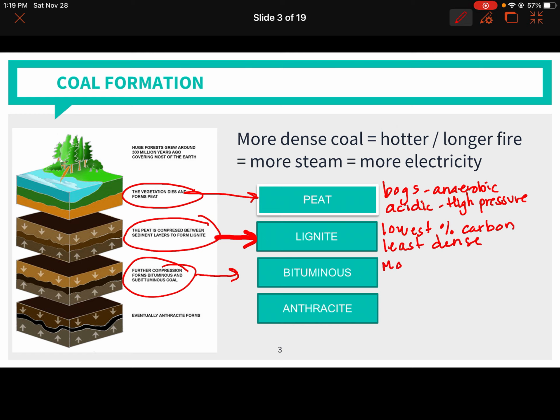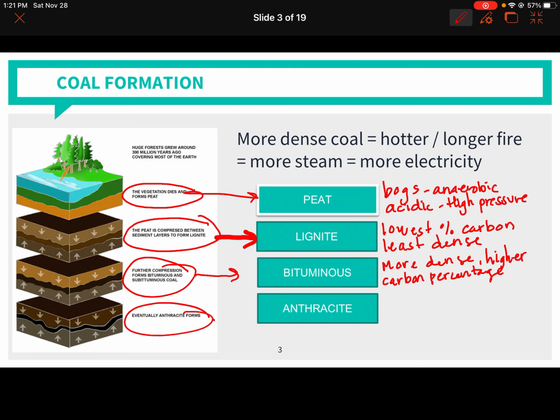This is more dense, with a higher carbon percentage. It's not shiny, but it's more black and it feels a little bit heavier.